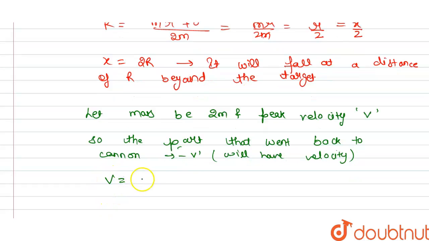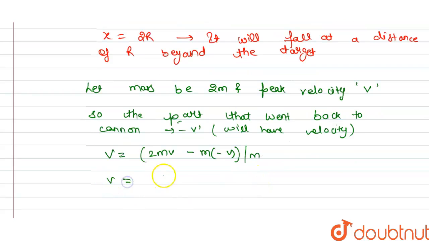So we can write momentum: 2M into V is equal to M into minus V plus M into V dash, so V dash is equal to 3MV divided by M. So this is 3V here.